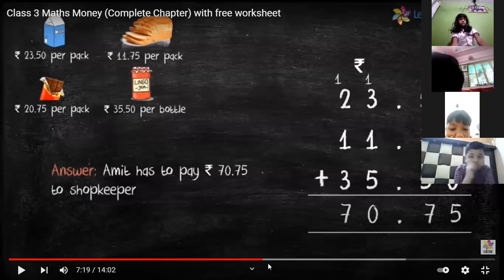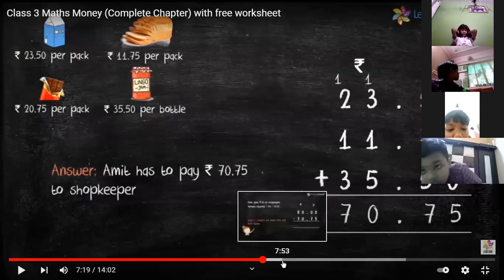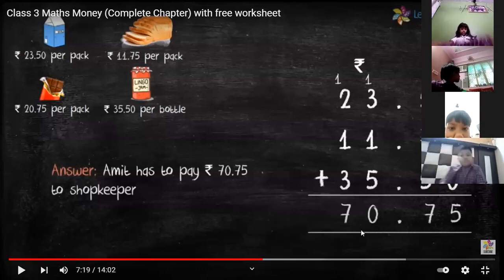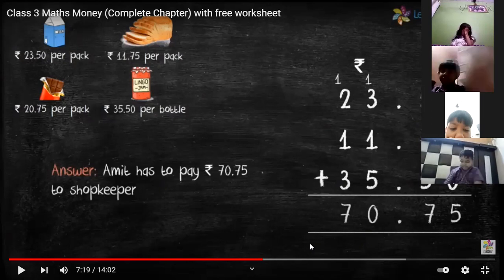Ma'am, we will minus. Exactly, we will subtract. Very good. The amount of items from 80 rupees. It means we are going to subtract the total price of these three items from the total amount given to the shopkeeper, that is rupees 80.